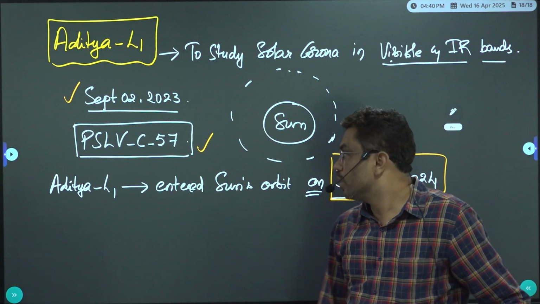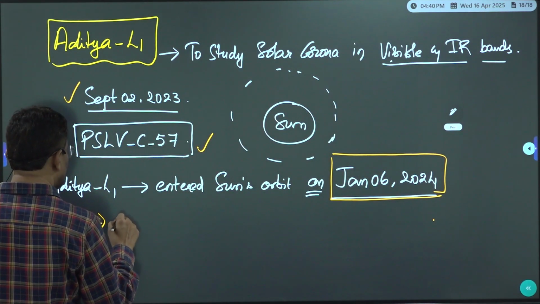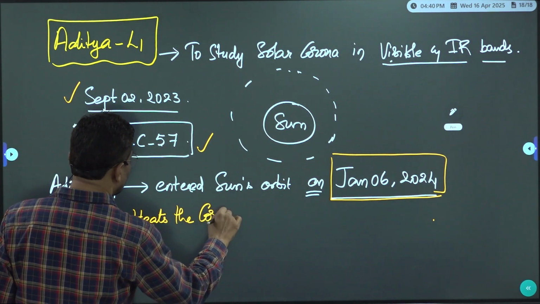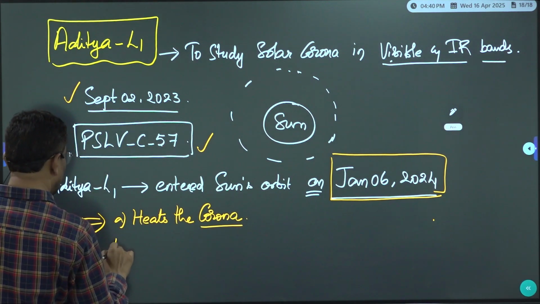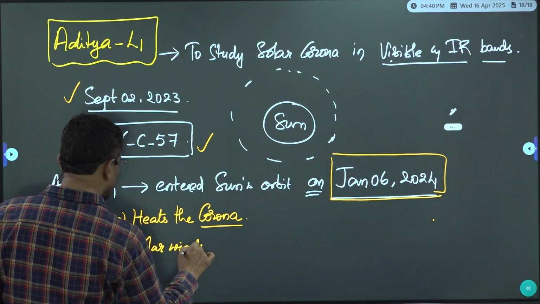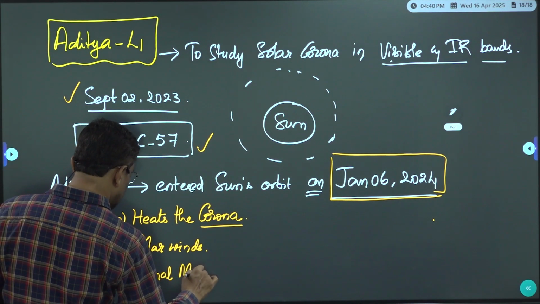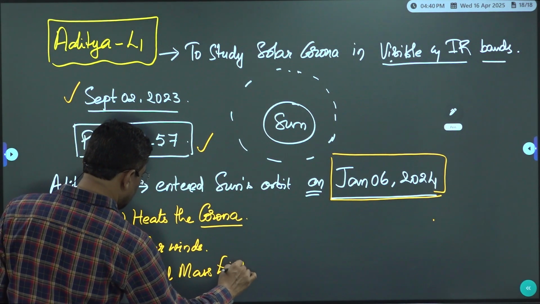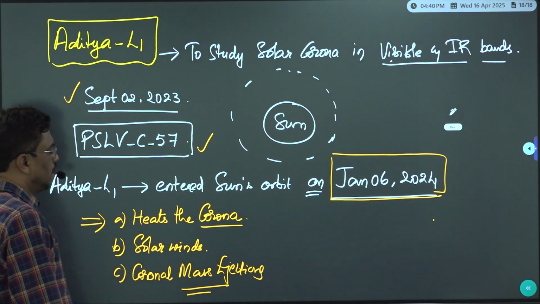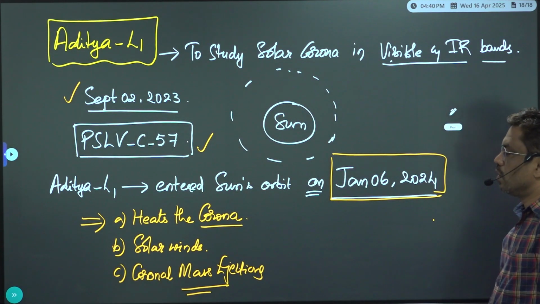Physical processes like what heats the corona, solar winds, or coronal mass ejections. So to understand the physical processes like what heats the solar corona, and solar winds.